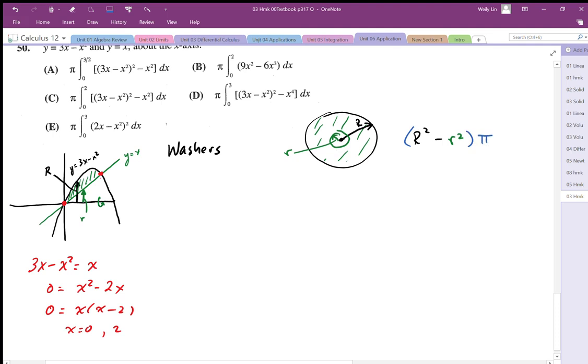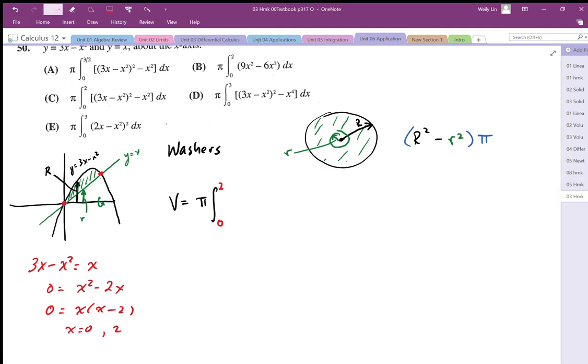So setting up my integral then, my integral looks like this. The volume of the rotation is going to be, I'm going to factor the pi out of here. I'm going to have my bounds from 0 to 2, and I'm going to use dx slices.